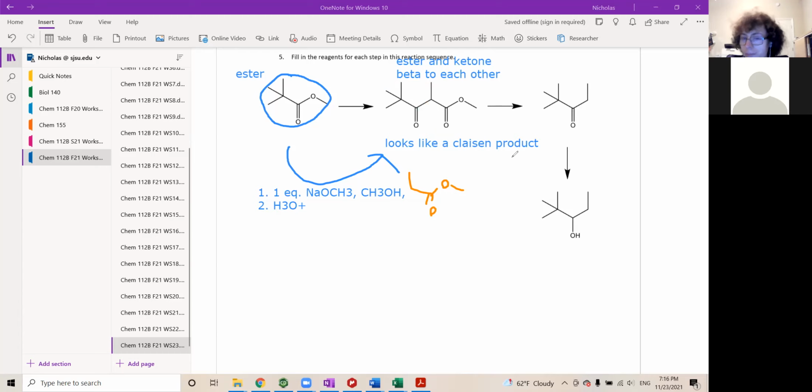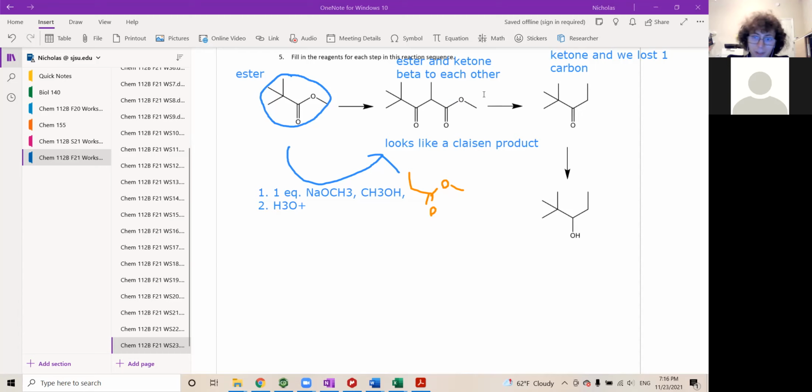Okay, so next we're going from this beta keto ester to a product with just 1 ketone. And we lost 1 carbon. So you want to add water and acid to convert the ester into a carboxylic acid. And then you also want to heat it to lose the carboxylic acid as carbon dioxide.